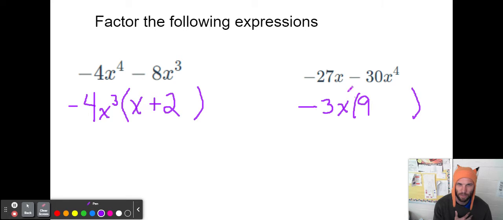So negative 3x times 9 is negative 27. And then again, watch your sign. Negative 3x times 10. And I have 1, so x times what is x to the fourth? X to the third. Okay? And that is GCF right there.